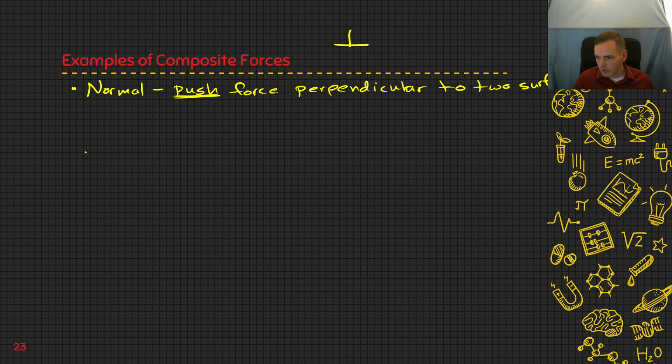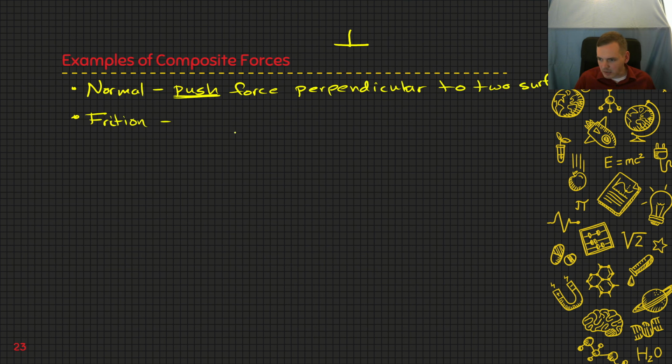Next, we have, what was this next one? Oh, sorry, yeah, that's friction. I don't know why I had such a hard time figuring that out. So then we have friction.